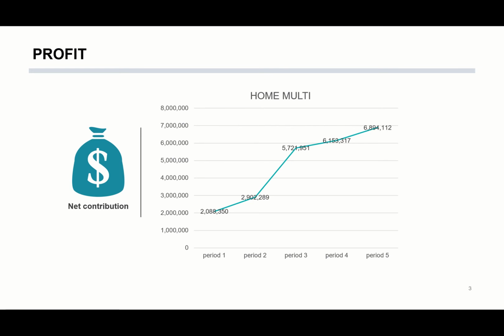First of all, as can be seen from the unit sales charts, our sales have been on the rise, which indicates that our product meets the needs of our target consumers, especially during period 2 to period 3. Sales have increased significantly.